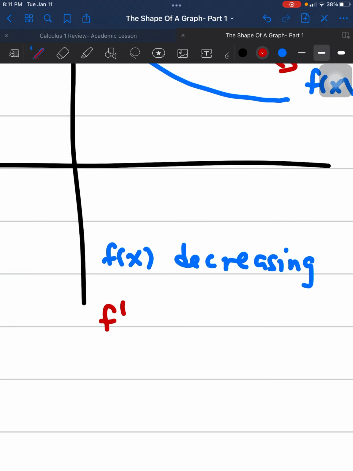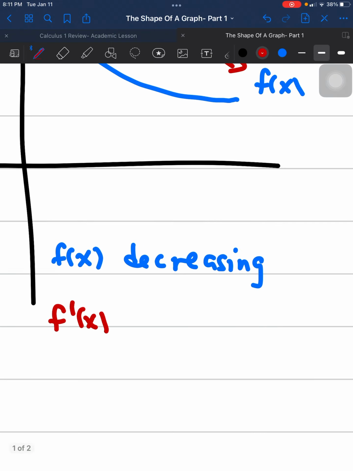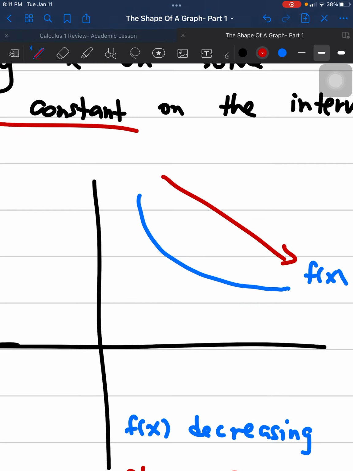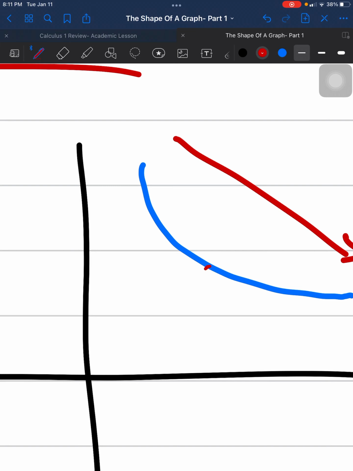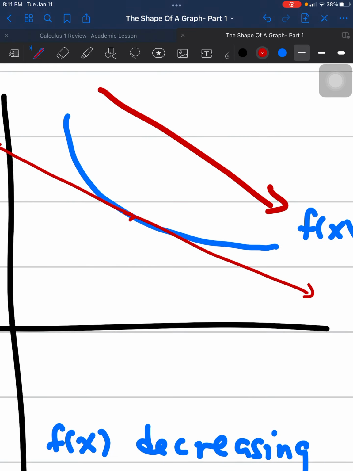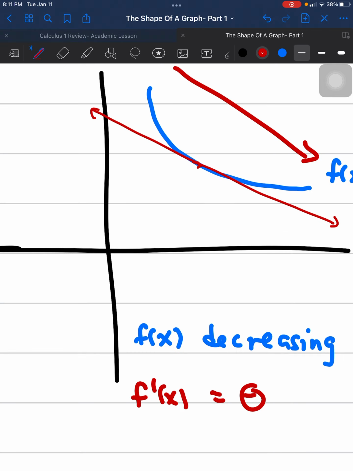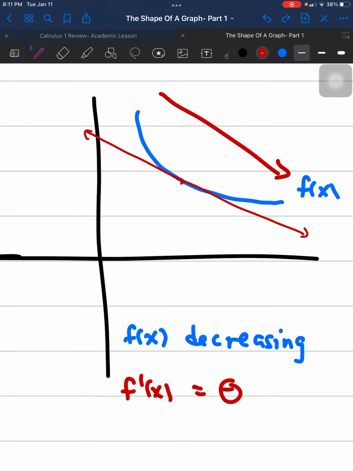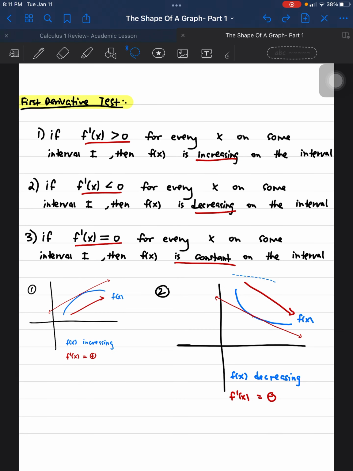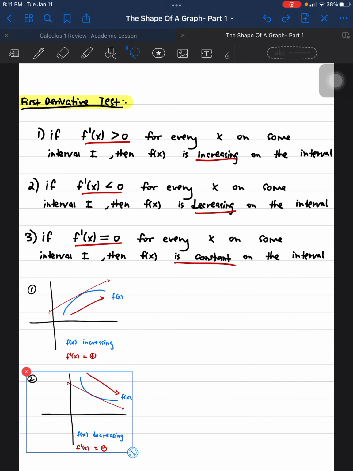So in order for f of x to be decreasing, we want to make sure f prime of x, or the slope of the tangent line, is negative. So we do something similar to what we did before. We make a little tangent line on this curve, and you see that this tangent line has a negative slope, so therefore the function is decreasing.